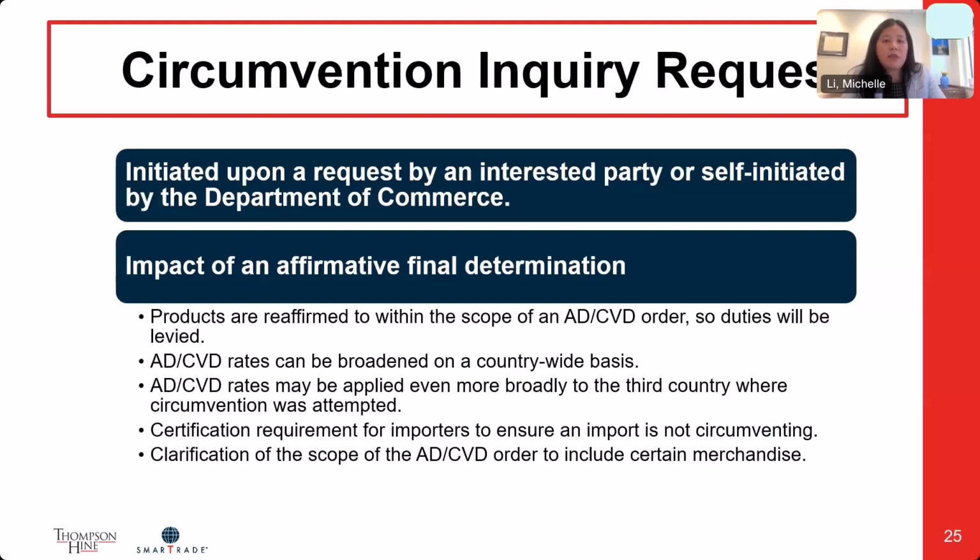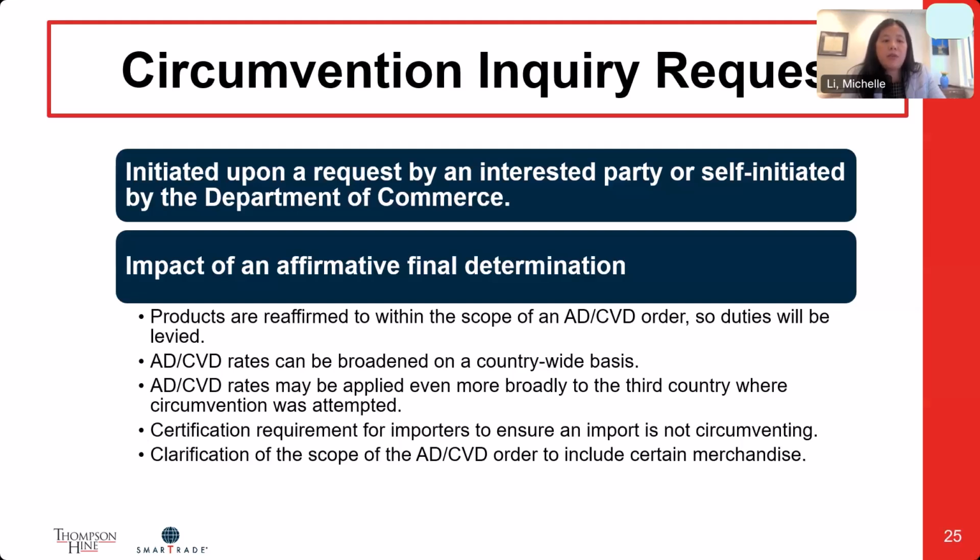The impact, if Commerce ever issues an affirmative final determination, would be massive, because products will either be reaffirmed that they should fall within the scope of the AD and CVD order and duty should be levied, or the duty rates can suddenly be broadened on a countrywide basis, or maybe even applied to a third country where the circumvention was attempted.